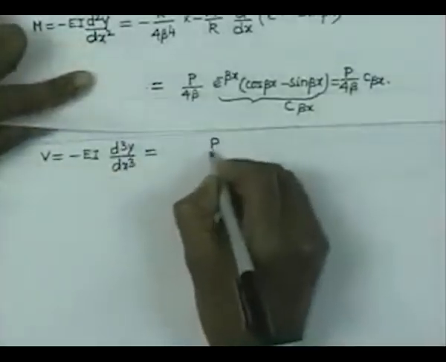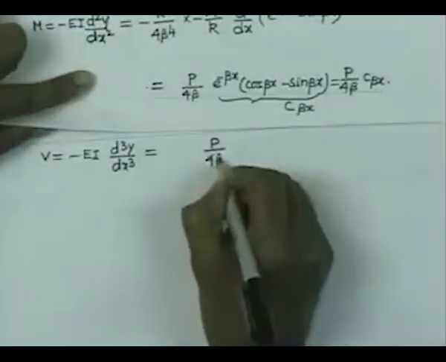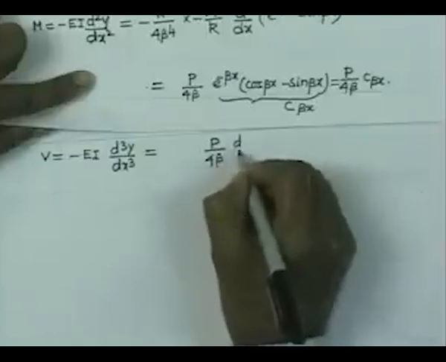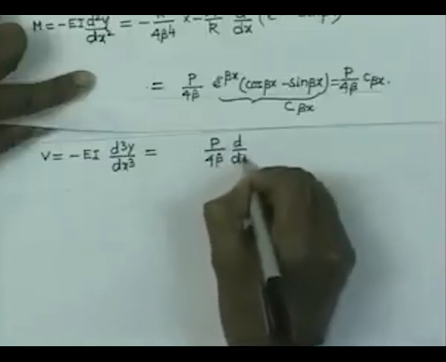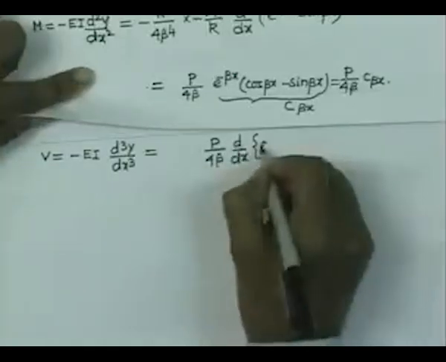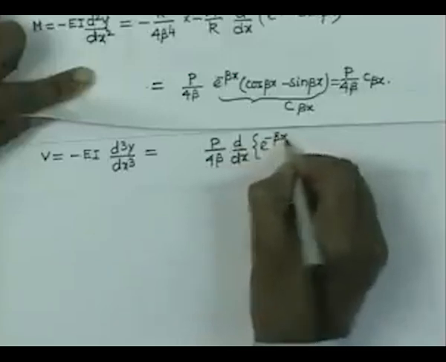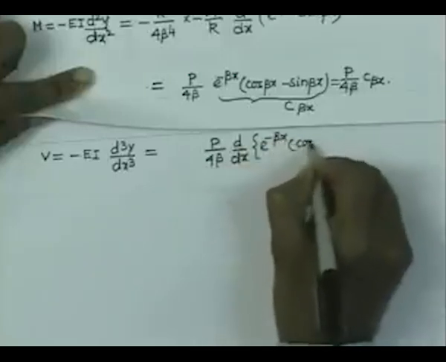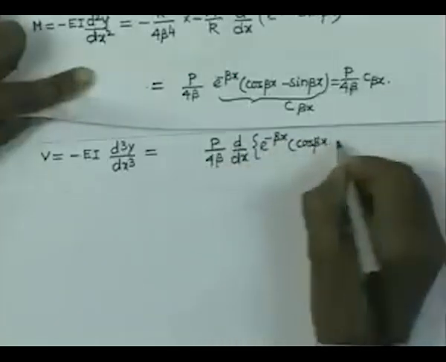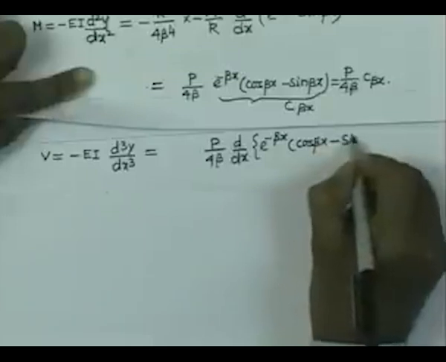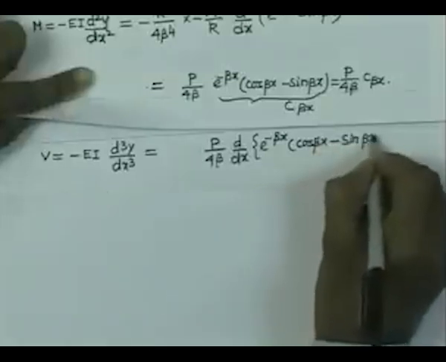So, once we take the value of d2y by dx square from this relationship, finally this gives us p by 4 beta d by dx of e to the power minus beta x, cosine beta x minus sin beta x.